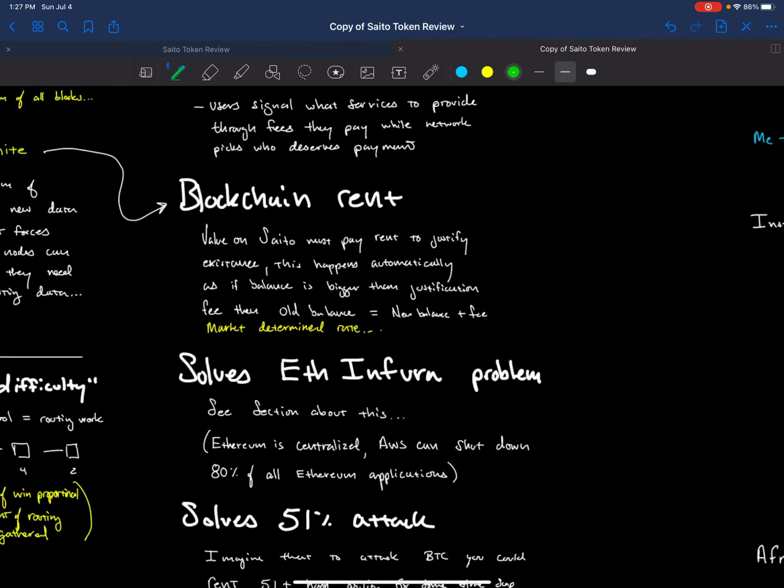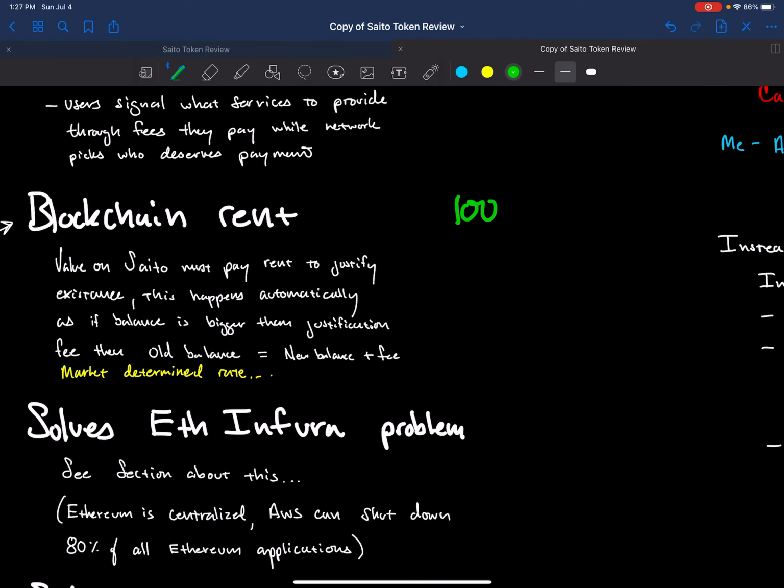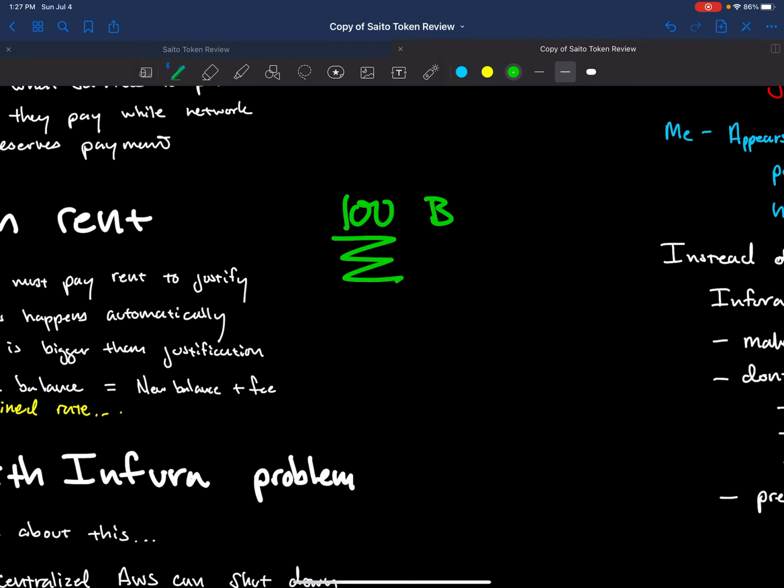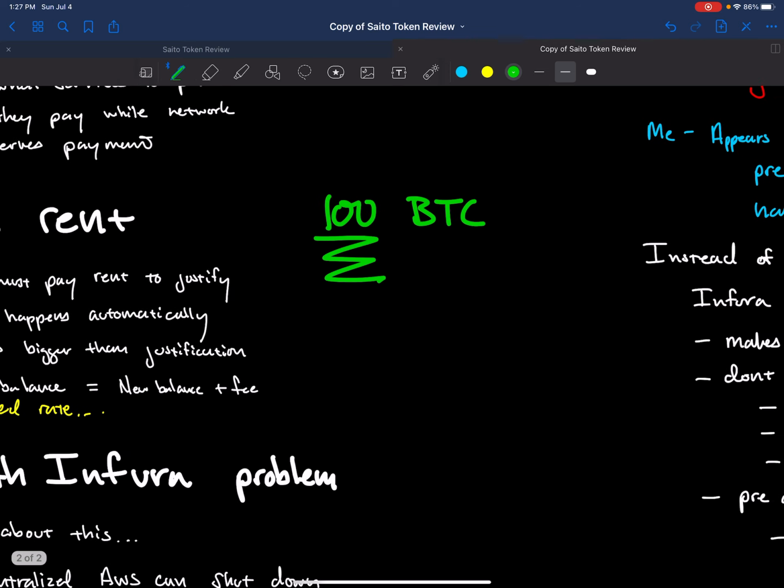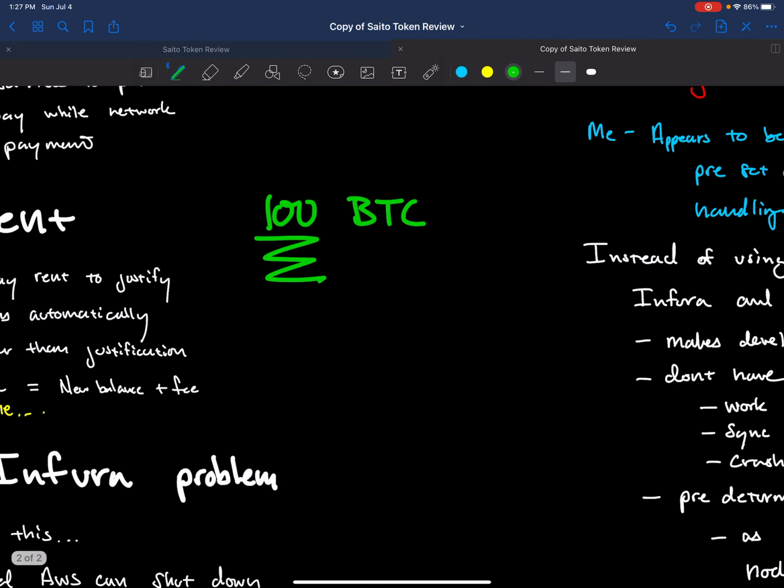So let's say I had $100 worth of Saito, or in this case, let's say Bitcoin. Let's say Bitcoin ran the way Saito does, right? So every 100 years, it would take whatever the cost is for persistence in the blockchain and deduct it automatically, doing automatic rebroadcasting. So let's say it's $1 every 100 years, right?